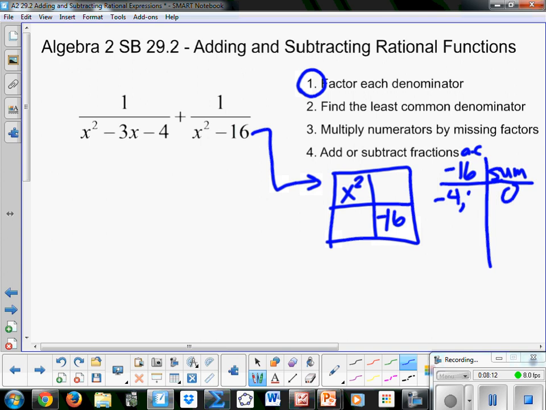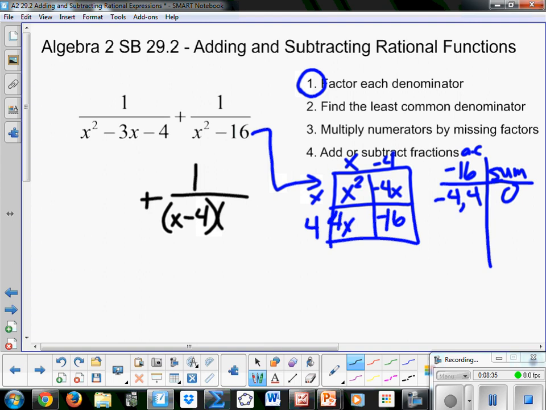Okay, well, negative 4 and 4 do that, so I'm going to put negative 4x in the box, 4x in the box, and my common factors in the columns and rows are going to be x, negative 4, x, and positive 4.